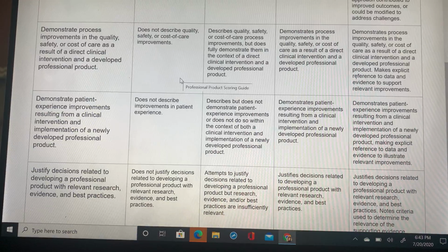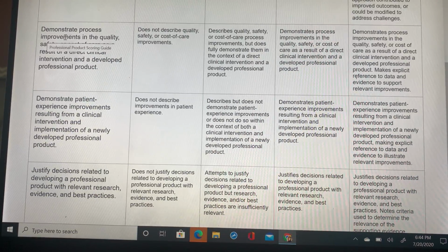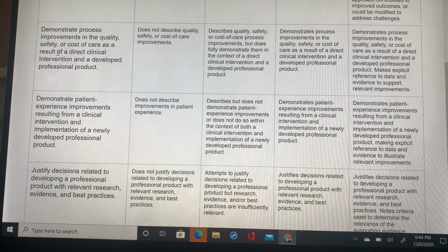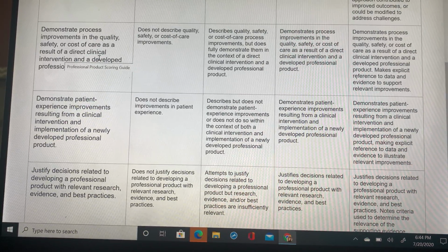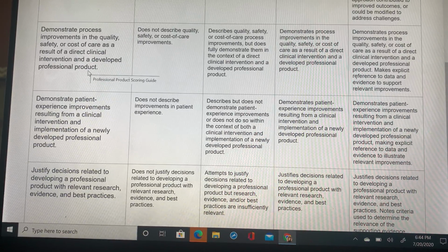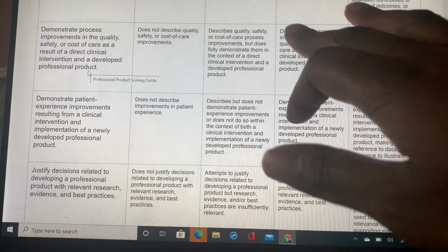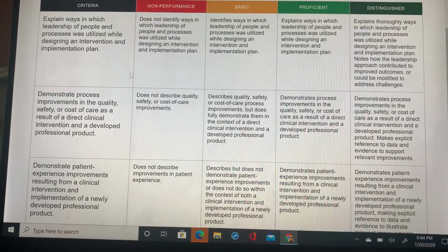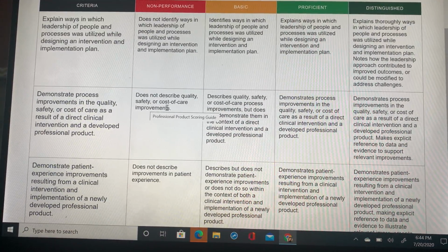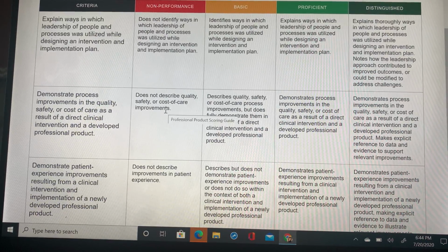In another paragraph section, demonstrate process improvements in the quality, safety, or cost of care as a result of direct clinical intervention and developed professional product. So, non-performance does not describe quality, safety, or cost of care improvements.